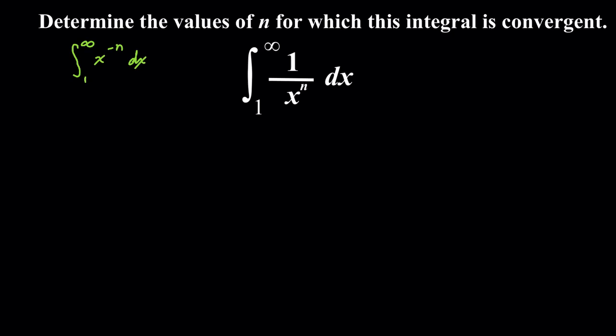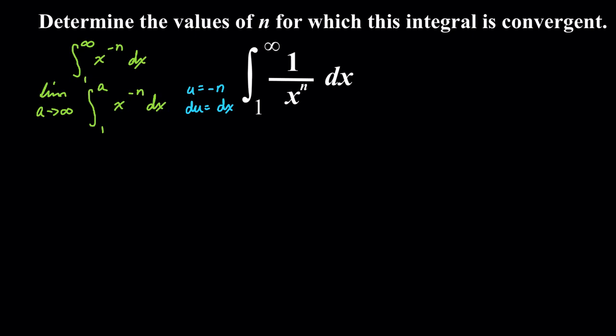We're going to rewrite this as the limit as a approaches infinity of the integral from 1 to a of x to the negative n dx. Now, if we treat this as a u substitution problem, where u is negative n, then du, and if n is a constant, du will equal dx.